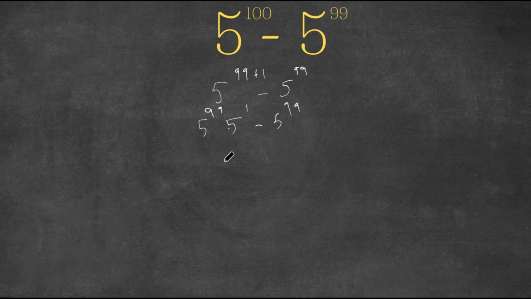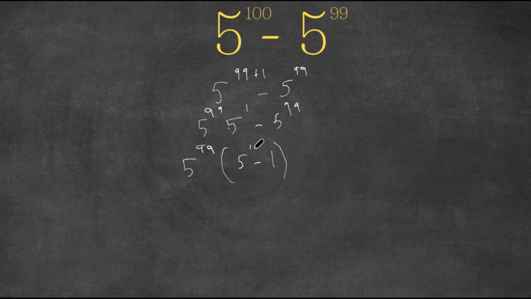All right, so now that we have this, because we have two 5 to the power of 99s, why don't we factor that out? We're going to factor out 5 to the power of 99. So we're going to do 5 to the power of 99 times 5 to the power of 1 divided by 5 to the power of 99 is simply just 5 to the power of 1, minus 5 to the power of 99 divided by 5 to the power of 99 is simply 1.